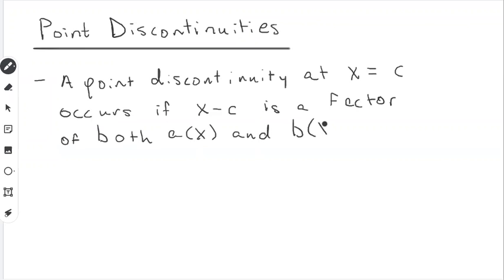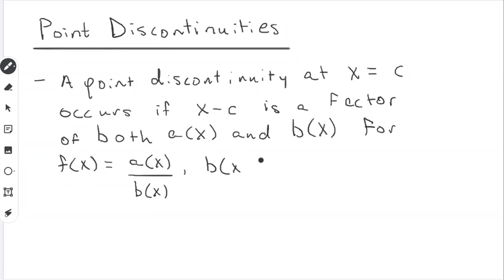So it has to be a shared factor, right? Those factors get crossed out. For f of x equals a of x over b of x, our rational function, which has a top and a bottom, where b of x cannot be equal to 0.